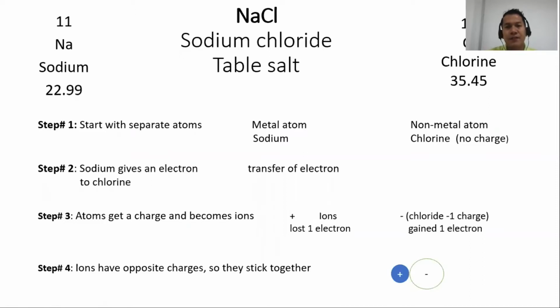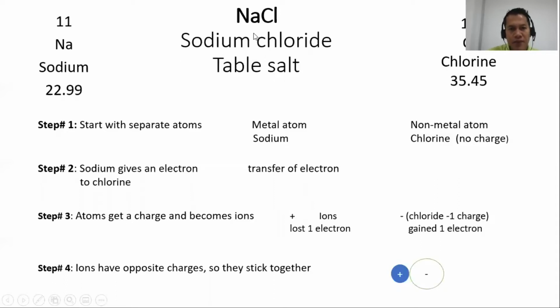NaCl is the chemical formula. Sodium chloride, or table salt, is the fancy name for salt. This is the stuff that we put in our food to make it tastier, right?